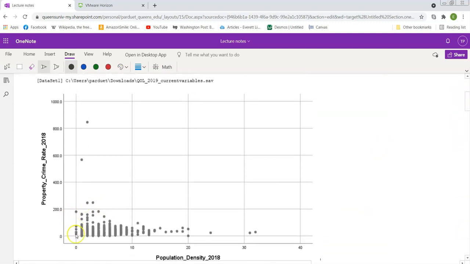That just means that each dot here represents the same neighborhood on population density as it does on property crime rate. So we don't have those out of alignment. We don't have population density for one neighborhood and then property crime rate listed with it for a different neighborhood.